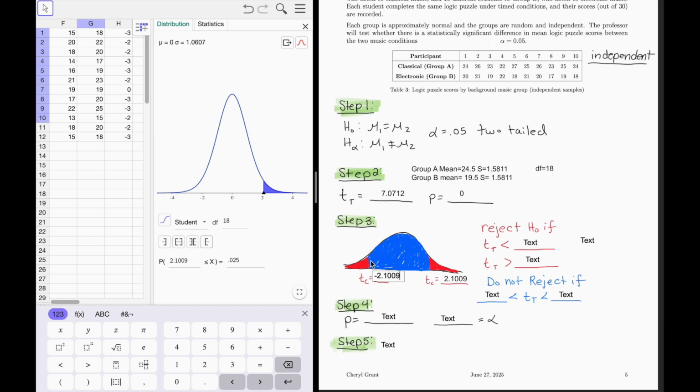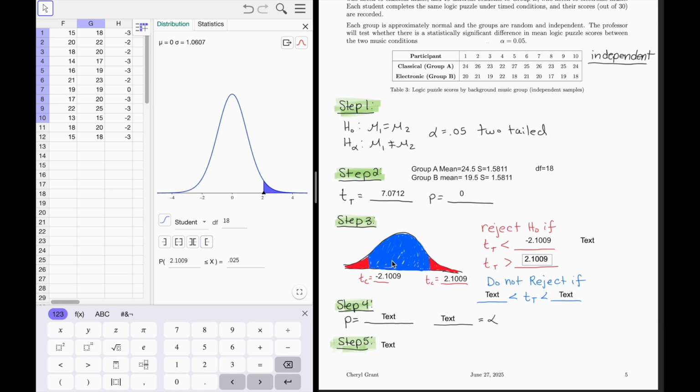So if I'm looking at the rejection region in the left tail, to fall in that region, you have to be less than negative 2.1009. To fall in the rejection region that's in the right tail, you have to be greater than 2.1009.